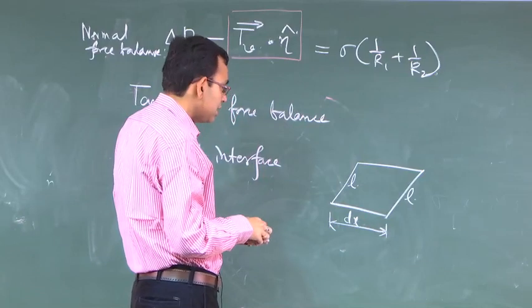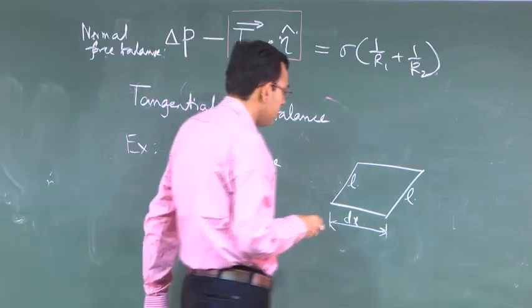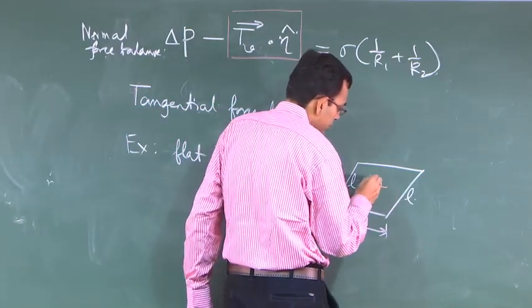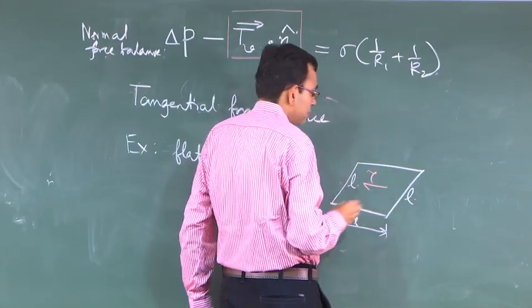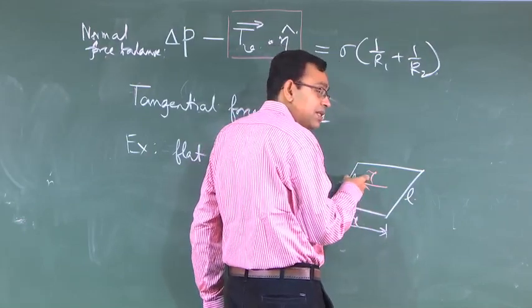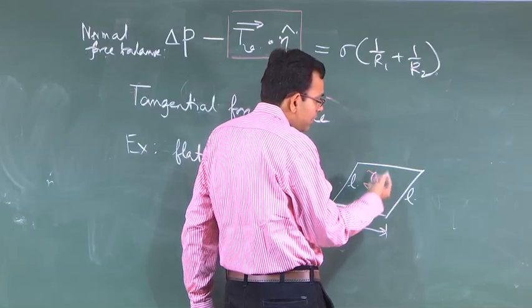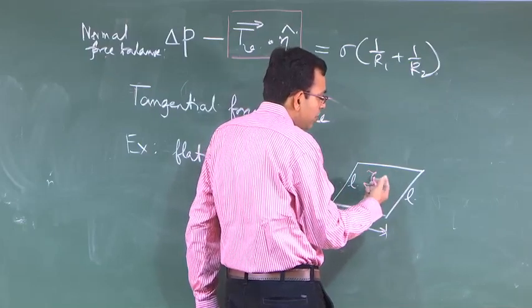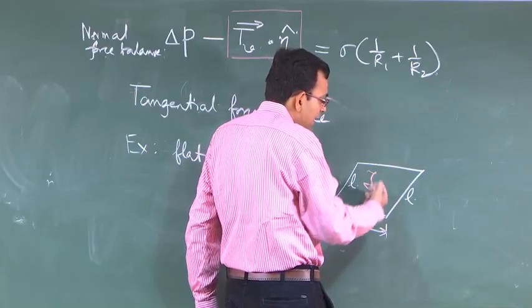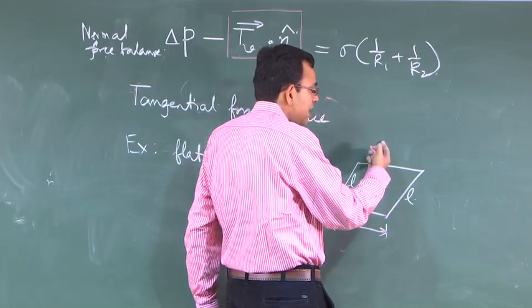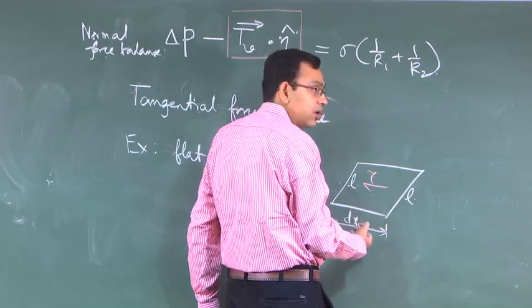Let us say the net shear stress acting on the interface is tau. This is the net, meaning actually this is the difference between the shear stress looked at from one side and the other, maybe the shear stress at the top and the shear stress at the bottom.